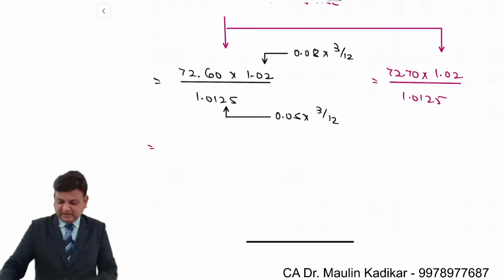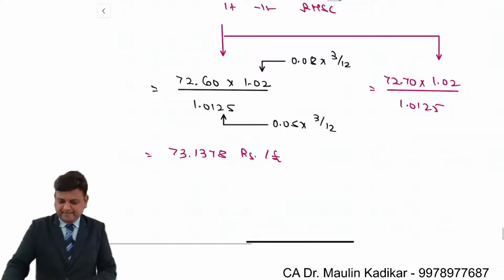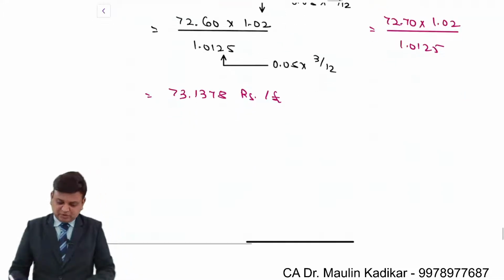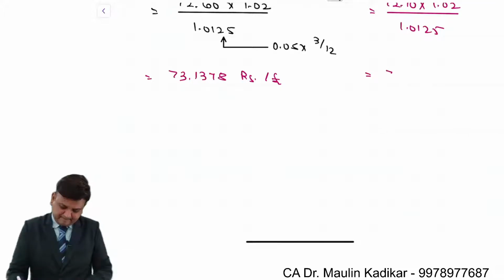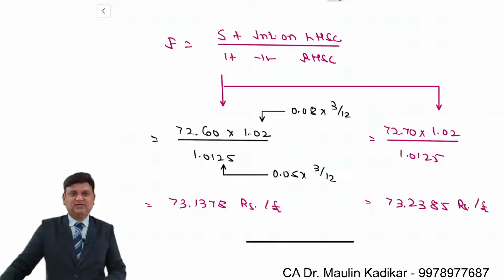So the answer on one hand comes to 73.1378 rupees per pound, 73.2385 rupees per pound for the other one. Please write down answer.